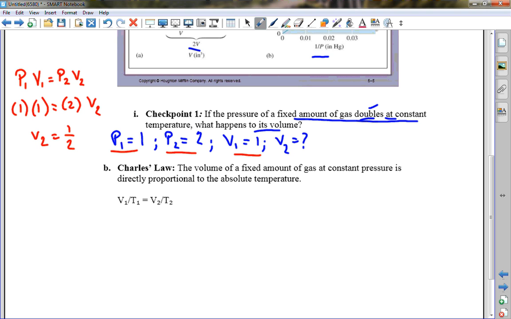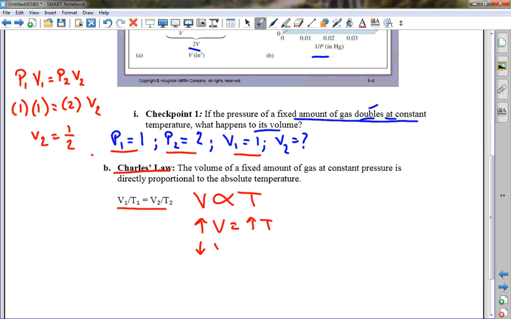A similar law is Charles' law, although it's not on your practice per se, but it's basically doing the same thing, just relating volume and temperature. But in this case, volume is directly proportional to temperature. So just as you solved the problems up here for Boyle's law, if you increase volume, then you're also increasing temperature.